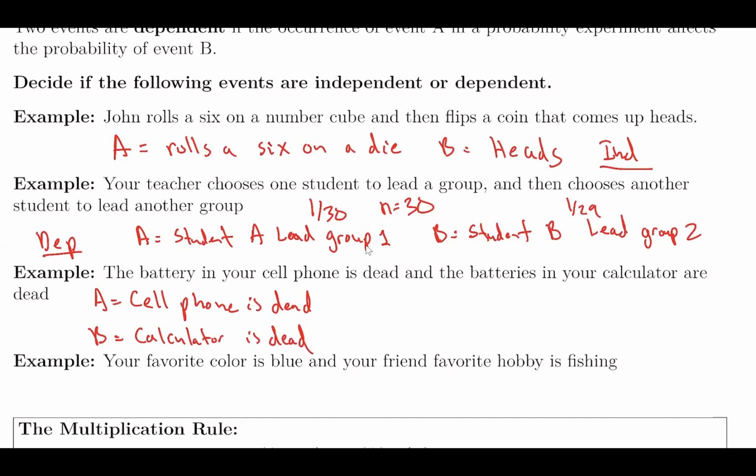So since it doesn't, what should I put for the event? Is it independent or dependent? For this scenario, can it ever be dependent? Well, when can it be dependent?